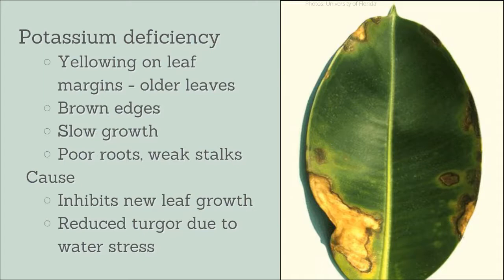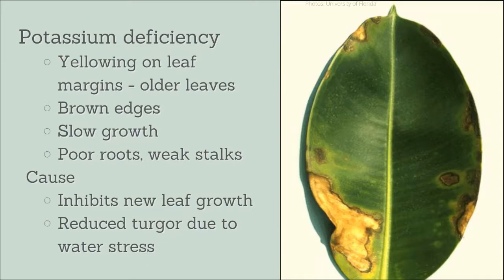Remember we talked about that, or I talked about that right at the very beginning. So if there's a potassium deficiency, a lot of times there's a water stress, where the plant is not able to move that water up through the plant. Potassium also controls stomata, that opening and closing.